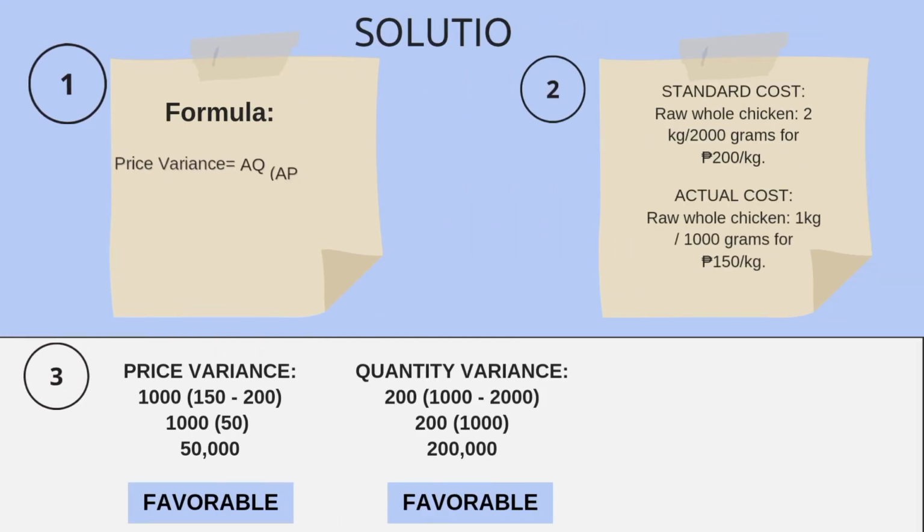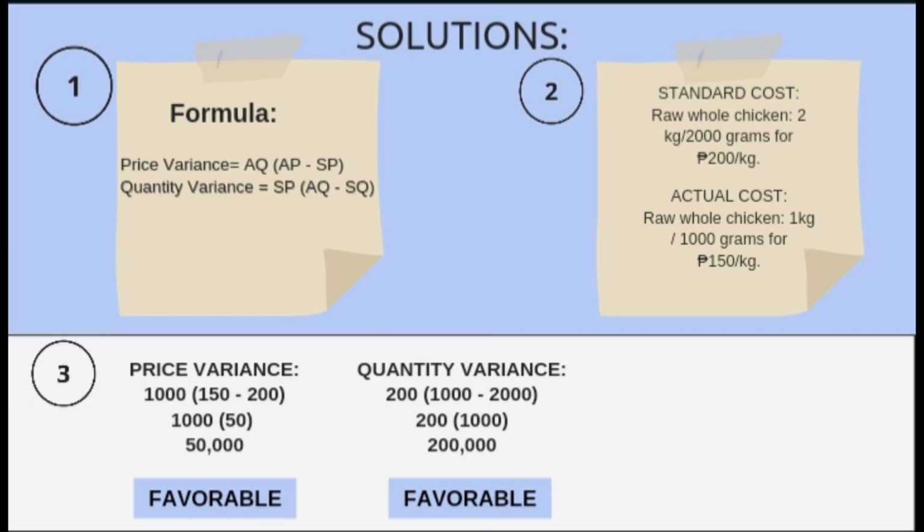Okay, now let's try to compute for it and provide the solution. First, you need to know the formula for price variance and quantity variance, just like in problem number 1. For step 2, identify the given information that you will need to be able to solve the price variance and the quantity variance.